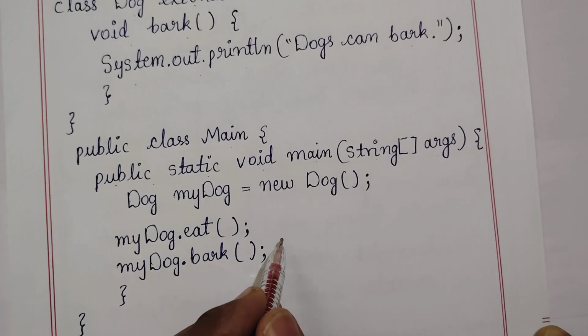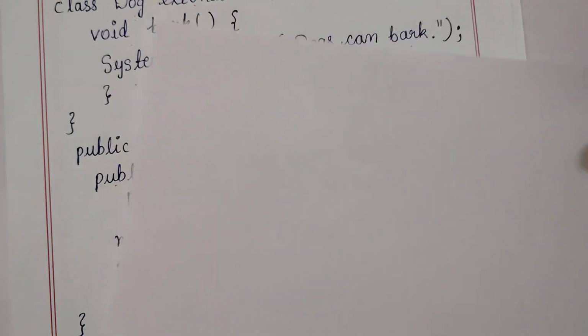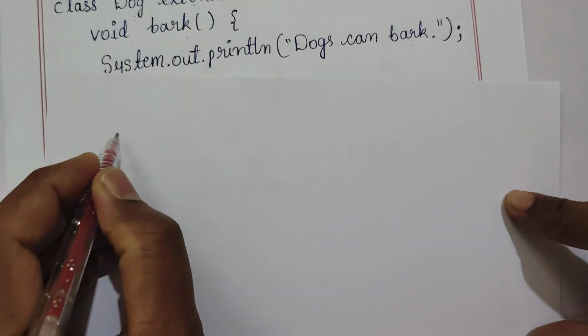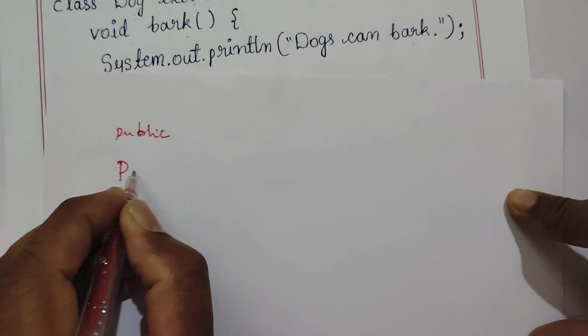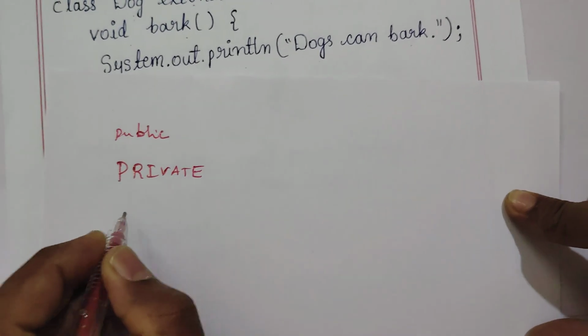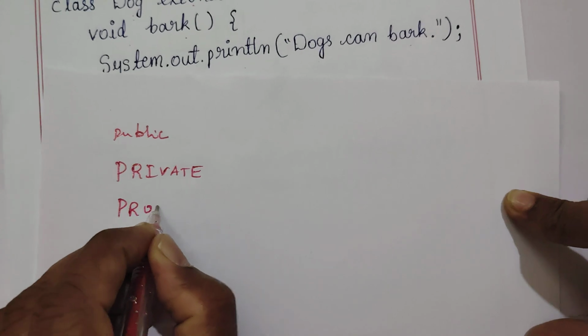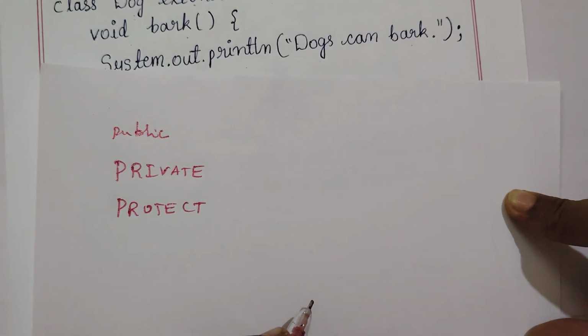One is public, another one is private, and the third one is protected.